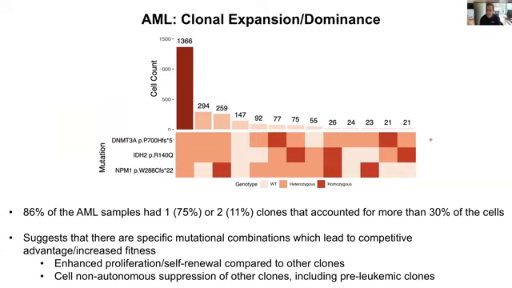As these technologies get better, we can go deeper and higher throughput, we'll get better data. But what it also suggests is that specific combinations of mutations may lead to clonal advantage over all of the antecedent or parallel clones, either because they're fitter, they proliferate more or die less, or maybe they secrete factors that suppress the dominance of other clones.